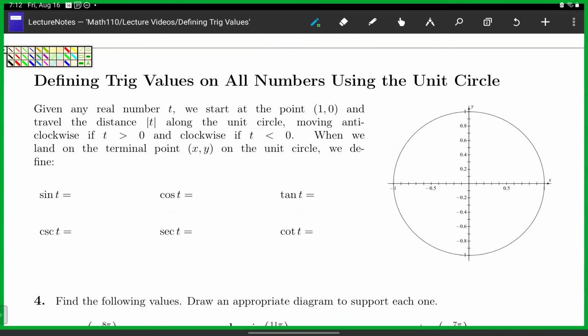So, given any real number, we can think of this unit circle as a real number line that's wrapped around itself in a circle infinitely many times. I start here at (1, 0), and I go t along, thinking of this as a real number line, where counterclockwise is the positive direction of rotation and clockwise is the negative direction of rotation.